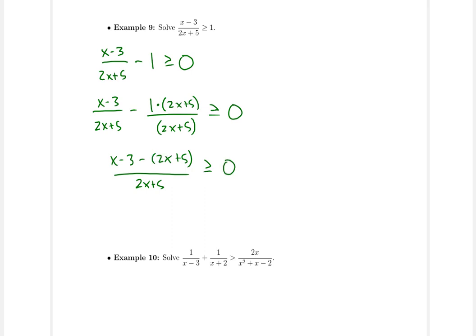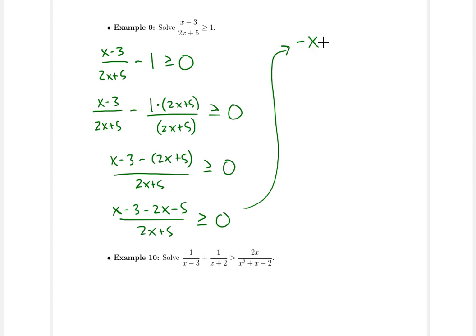And then, of course, I want to simplify. So we've got, looks like negative x minus 8 over 2x plus 5 is greater than or equal to 0.